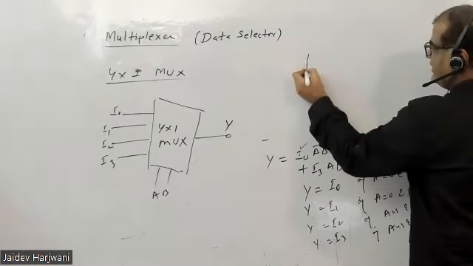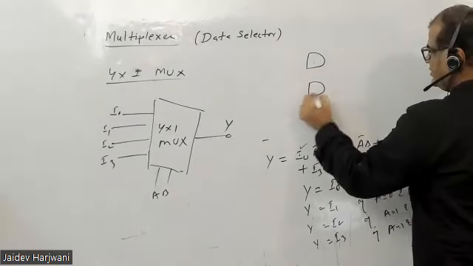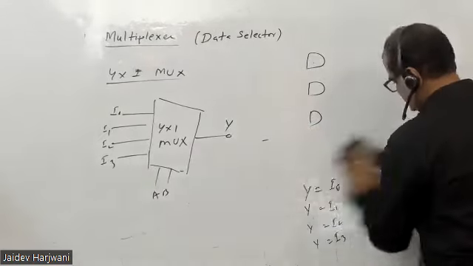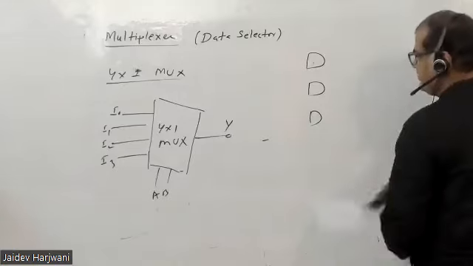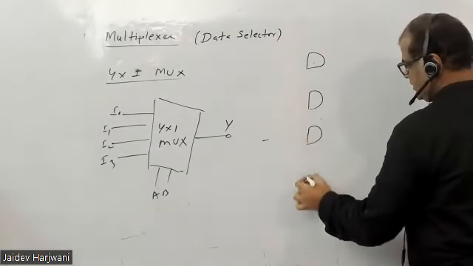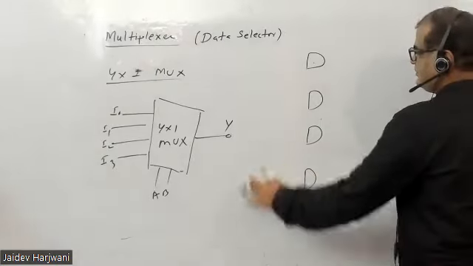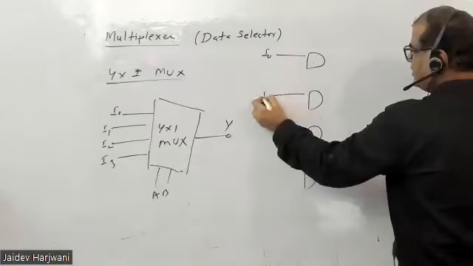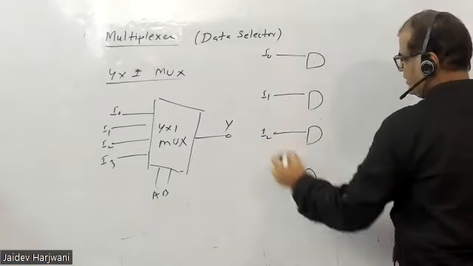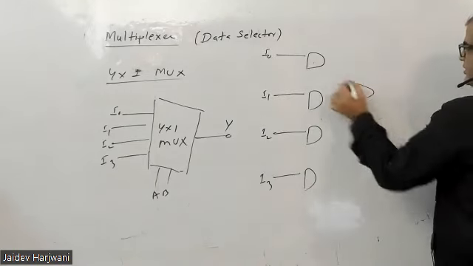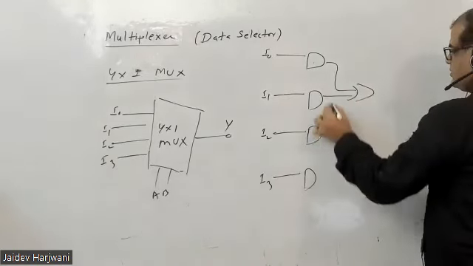So you will have 4 AND gates, 1, 2, 3, 4, and each AND gate has one input: I0, I1, I2, I3. Okay, and this will be your OR gate.